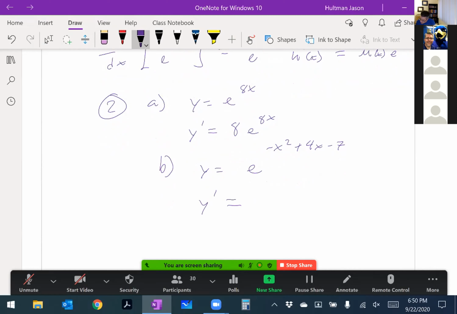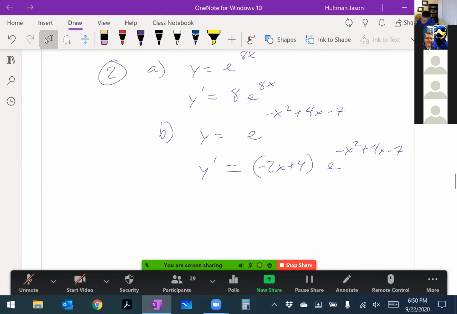The derivative of the exponent is negative 2x plus 4, times the original function, e to the negative x squared plus 4x minus 7. And that's it. I could factor out a negative 2 if I wanted to. I don't have to, but I could.